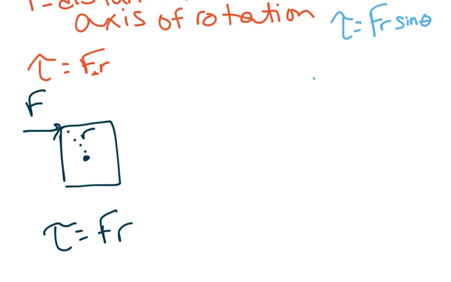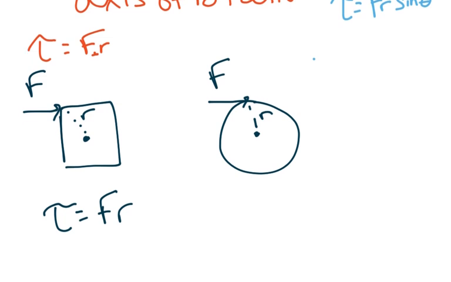This came up in the quiz, so I will go over an example just like this in my video going over the quiz. It also applies to a circular object with a force being applied to it tangentially. And again, that radius is just the distance between the force and the axis of rotation.